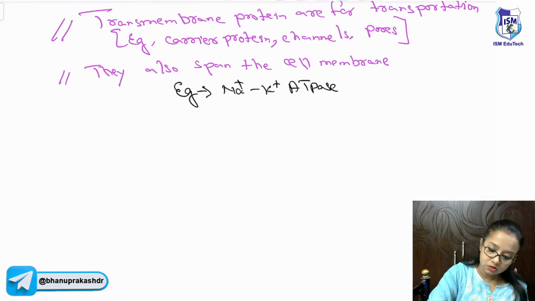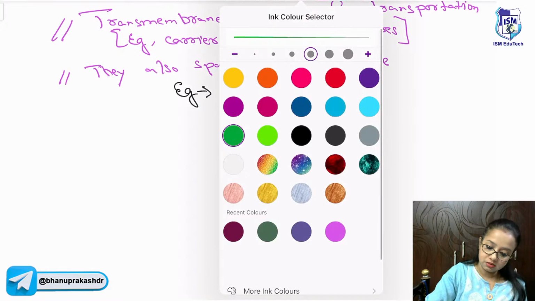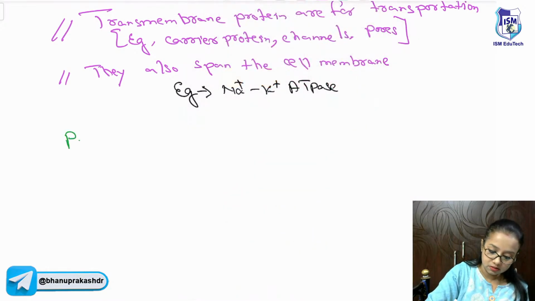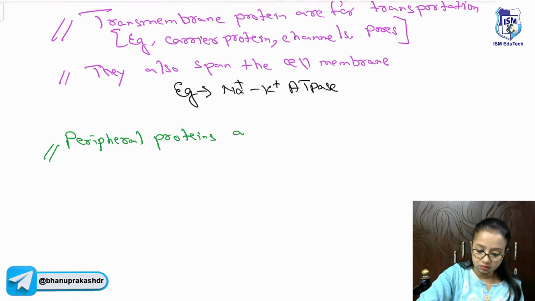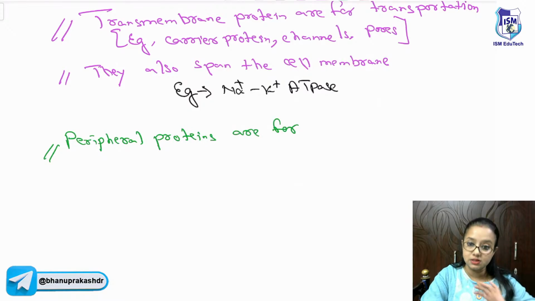Then, coming to the peripheral proteins. They are for providing structural support.